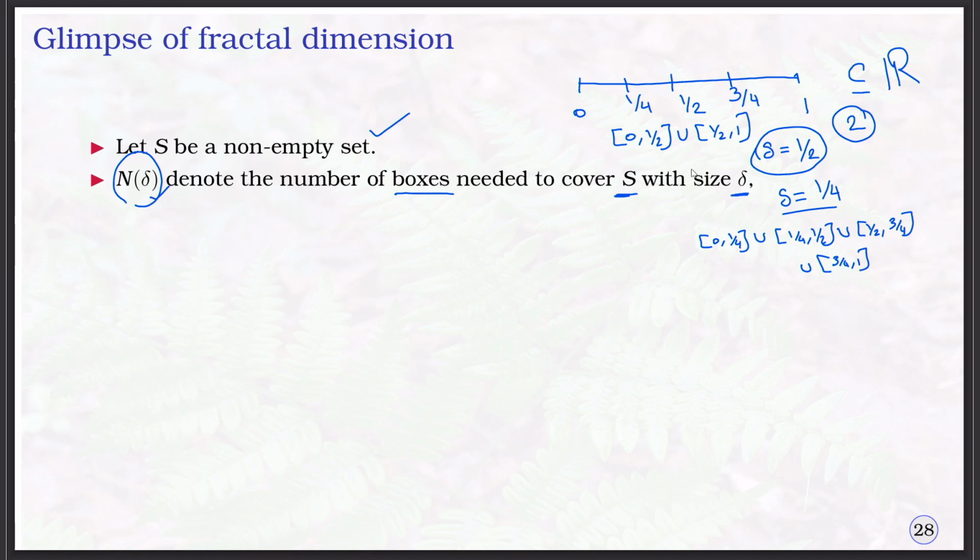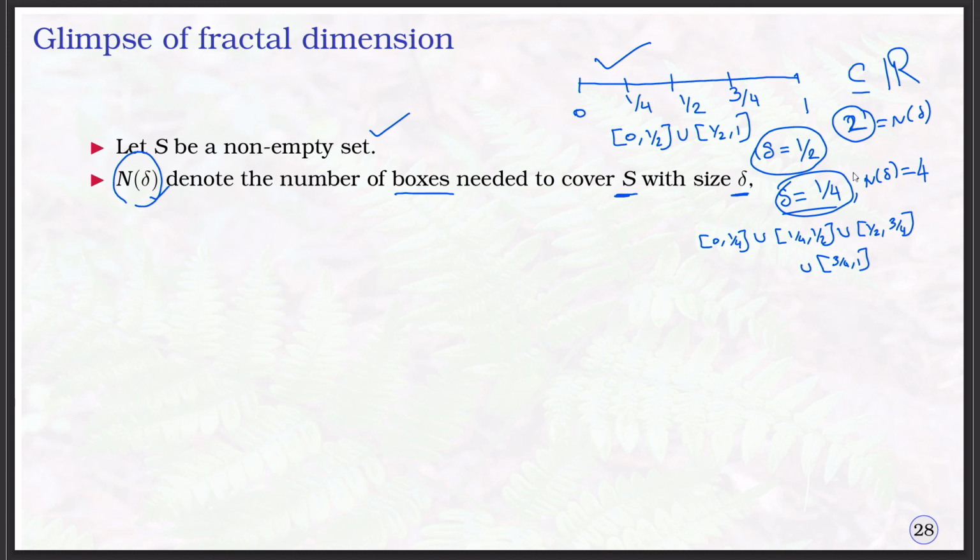The union of these 4 boxes covers the object 0 to 1. So, if delta is 1 by 2, n of delta is 2. If I fix delta as 1 by 4, then n of delta is 1, 2, 3, 4.